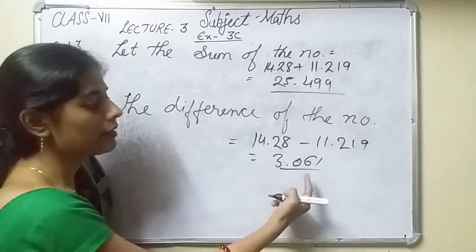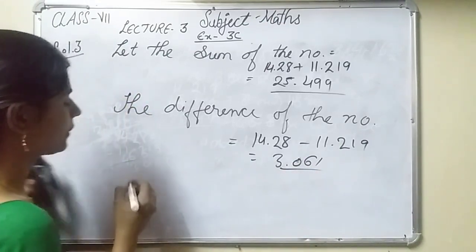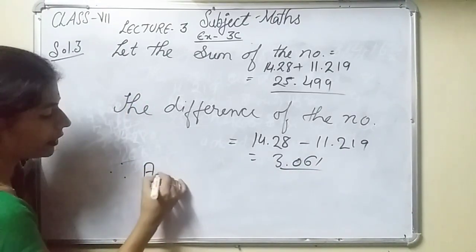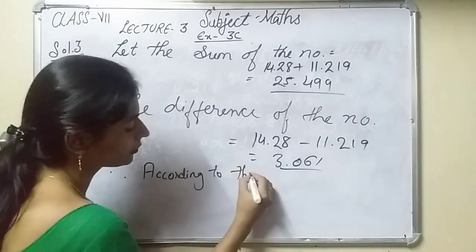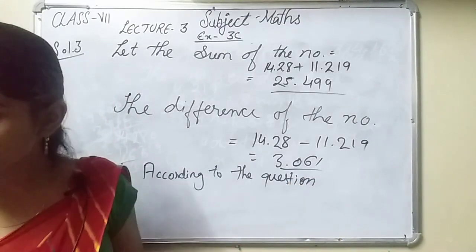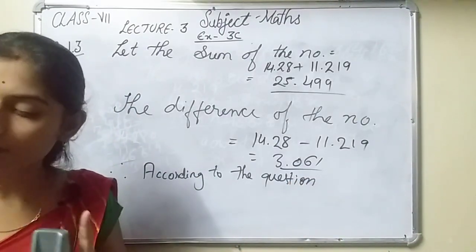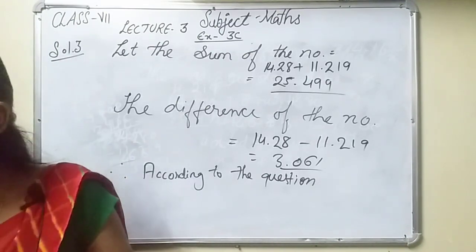Now this number is how much greater than this number. Therefore, according to the question, see what they are asking: by how much is the sum of 14.28 and 11.219 greater than their difference?